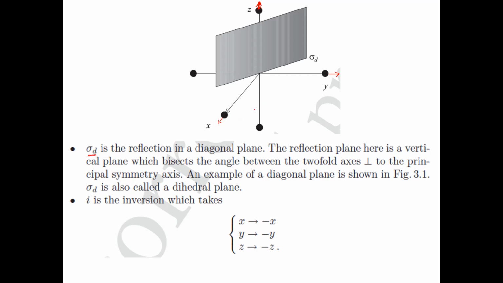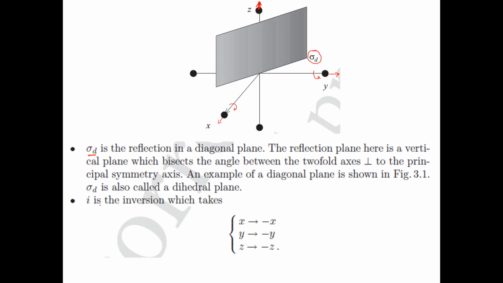For instance, x and y could be two symmetry axes in which you have rotations by 2 pi over 2. In some cases you can have reflection planes that bisect these two x and y axes. These are called dihedral or diagonal planes. Again, we're going to see examples of that.